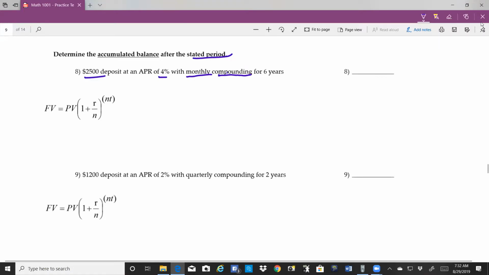So, PV, here's a formula we're going to use. PV is equal to 2,500. R is equal to 0.04.